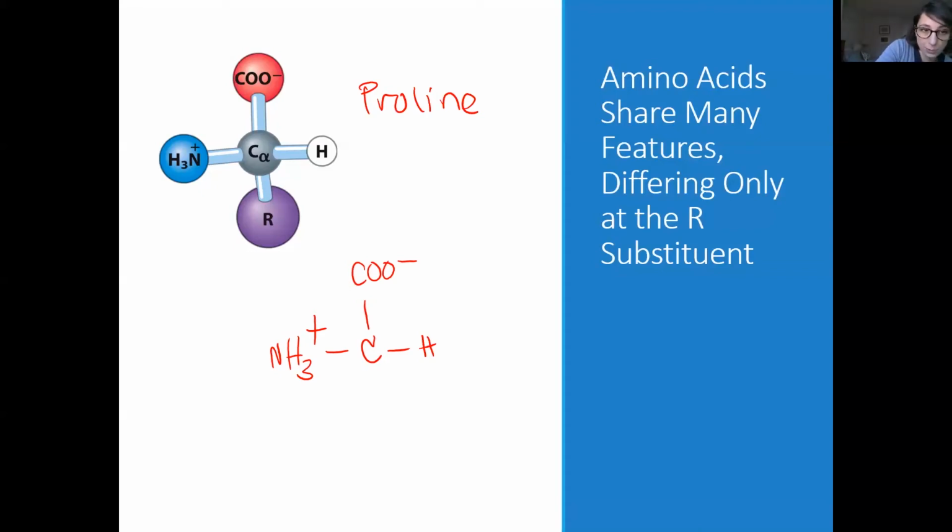So proline is a ring that actually links back on the amino acid. And it links from our alpha carbon to the amino group here.